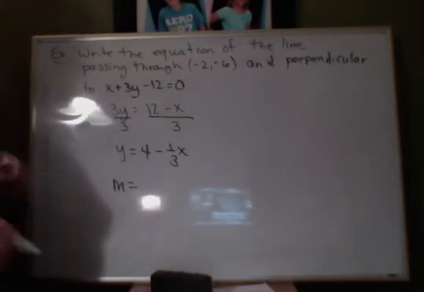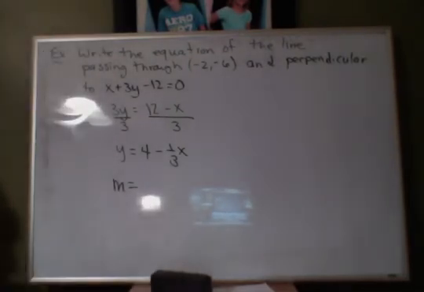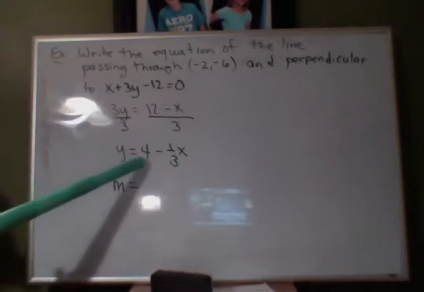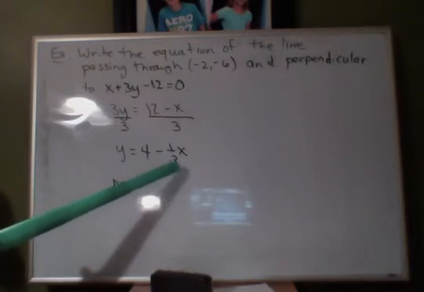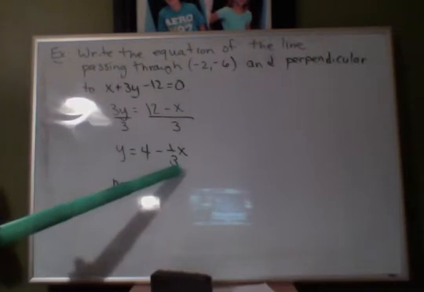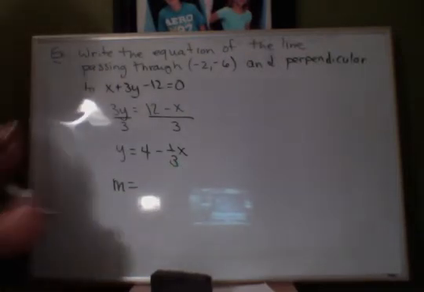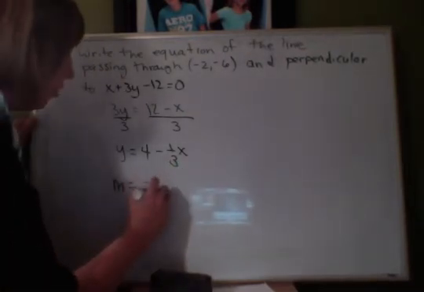Be careful because a lot of times people make the mistake in slope-intercept form where they think something's in slope-intercept form and they just assume that the very first number you run into is the slope and the second number is the y-intercept. But that's not the case. The slope is always going to be with the x. So in this case, the slope of this line is negative 1/3.